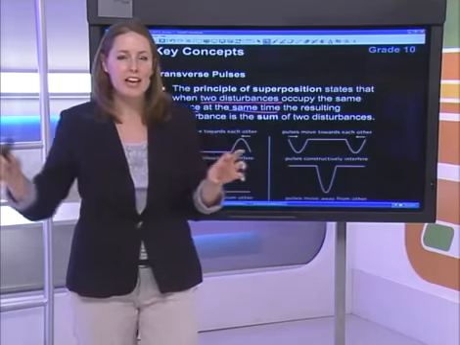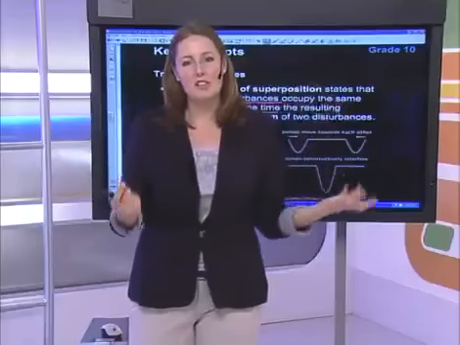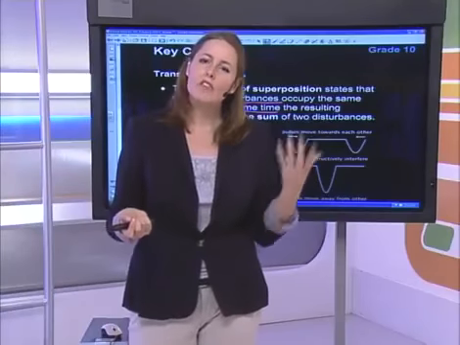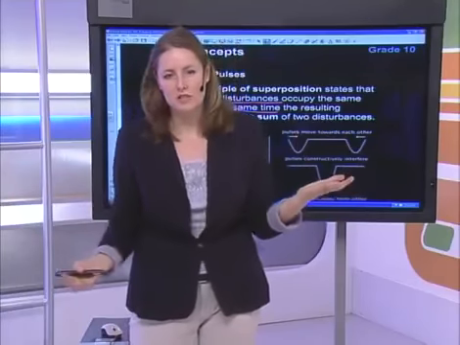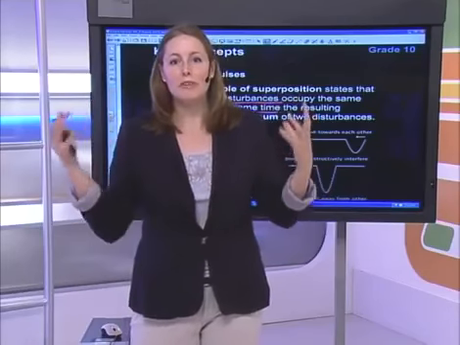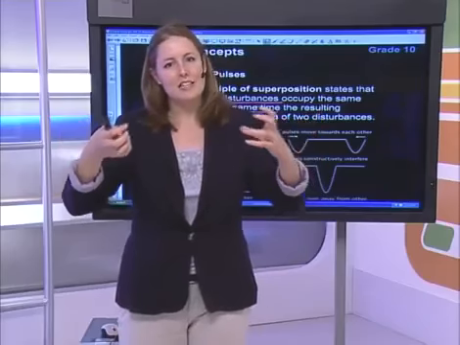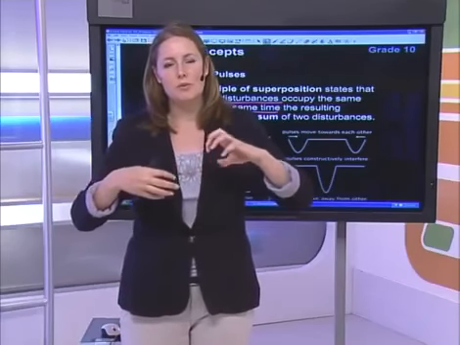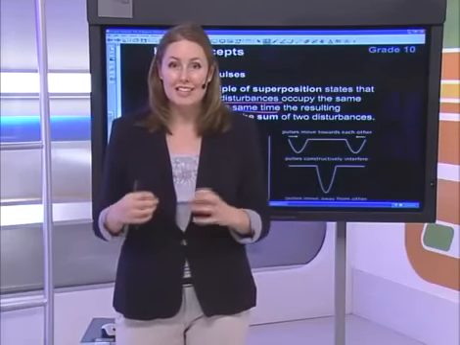Well, you would have to take the sum of the two disturbances. And we can either have constructive interference or destructive interference. Constructive interference would build up, okay? Whereas destructive interference, those two waves or two pulses would start to cancel each other out.